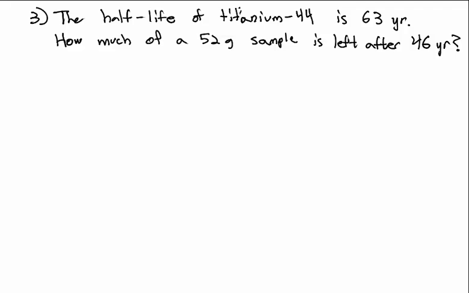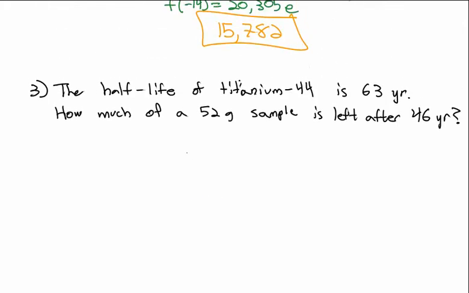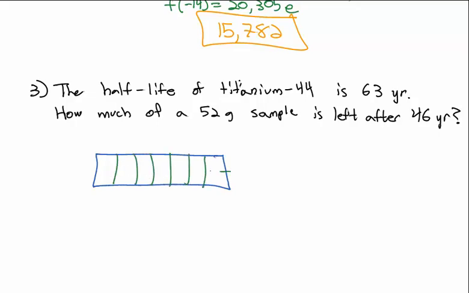So for those of you that haven't taken a science class with half-life in it, a little description of what half-life is. Half-life basically says if I've got this block of titanium-44 made up of all of these atoms that are just in here in a grid, all these atoms are locked together, and what happens is the electrons and the protons and the neutrons in there are all moving around.